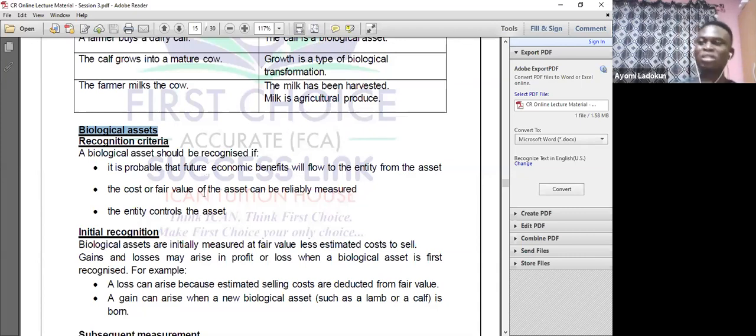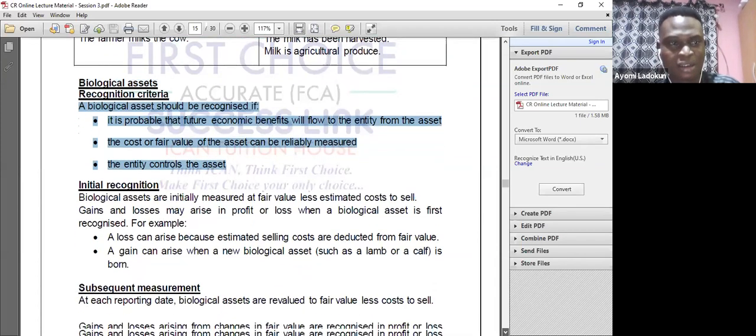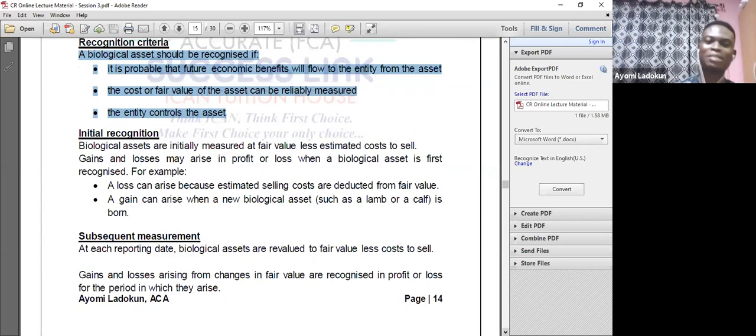And the last one, the entity controls the asset. Those are the three conditions that must be met before you can recognize a biological asset. We are done with recognition criteria as far as biological asset is concerned. Now, let's look at measurement criteria.